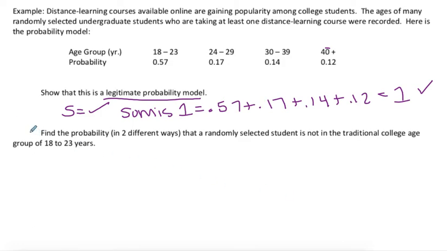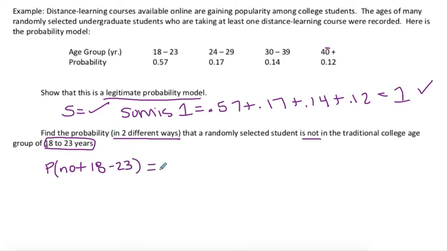So our follow-up question says, find the probabilities in 2 different ways that a randomly selected student is not in the traditional college age group of 18 to 23 years old. Okay, so we're looking for the probability of someone that is not 18 to 23 years old.